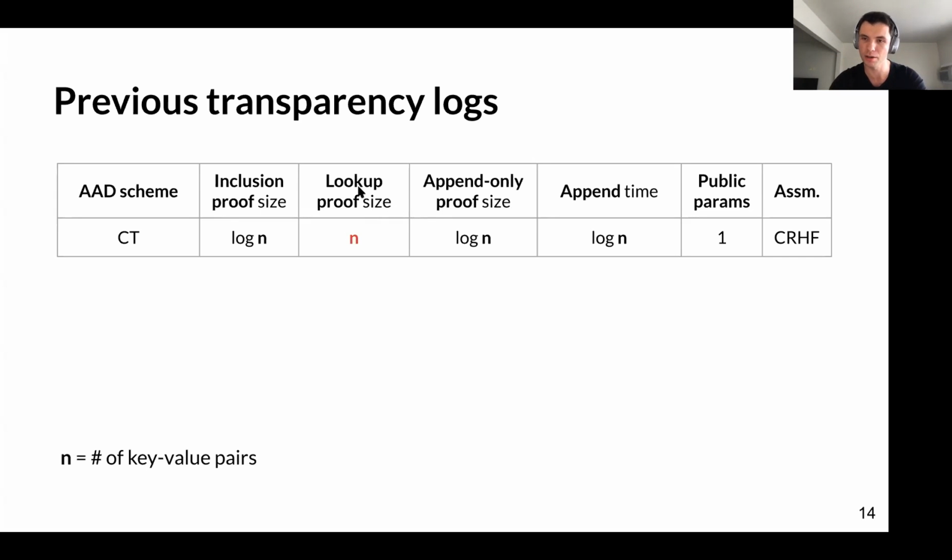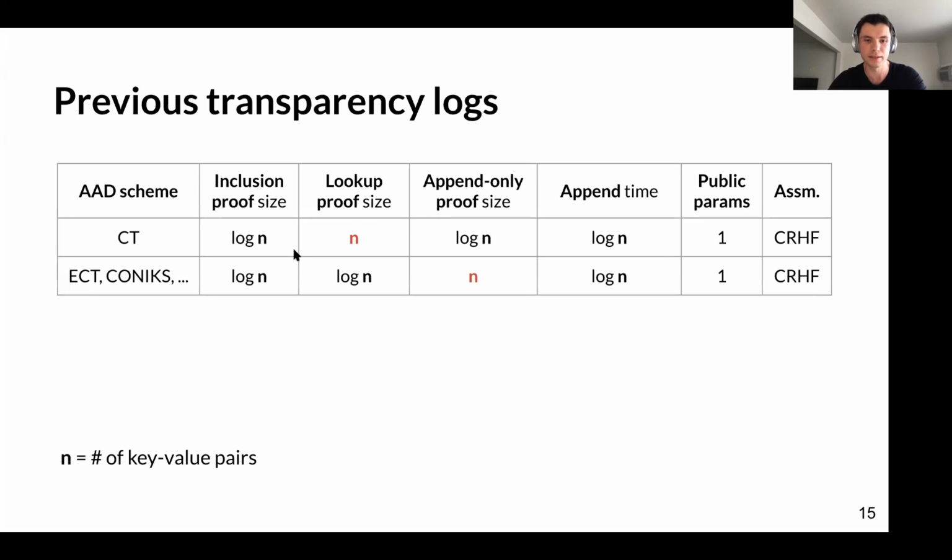But because they're chronologically ordered, that means there's no efficient way of doing lookups, because if I want to convince you that I haven't left out a certificate in any one of these chronologically ordered leaves, what can I do? They're not sorted in any way. I have to give you every leaf to really convince you. So the lookup proof is very big. And other systems, what they do is they sort the tree in some way. So they might build a binary search tree sorted by the domain name that maps each domain name to their public keys, sort of like in a unique place in the tree.